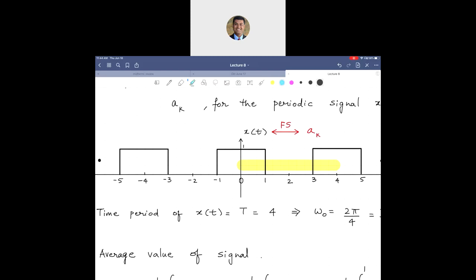Somebody else could come in and say, I will choose from -1 to 3. That is also one time period. And some other person will come in and say, I will choose from -2 to 2. That is also a time period. In fact, there are infinite time periods that you could choose from. -1.1 to 2.9 is also a time period.